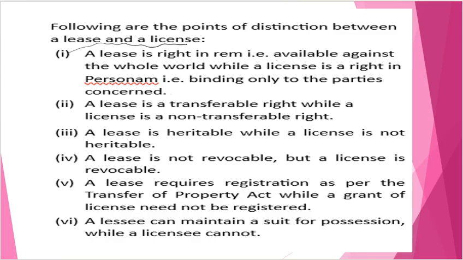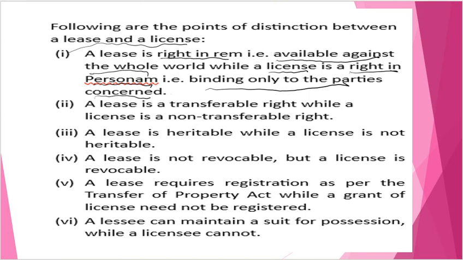So lease is a right in rem, that is, it is available against the whole world. Whereas a license is a right in personam. Right in personam means it is binding only to the parties concerned, not to the whole world.